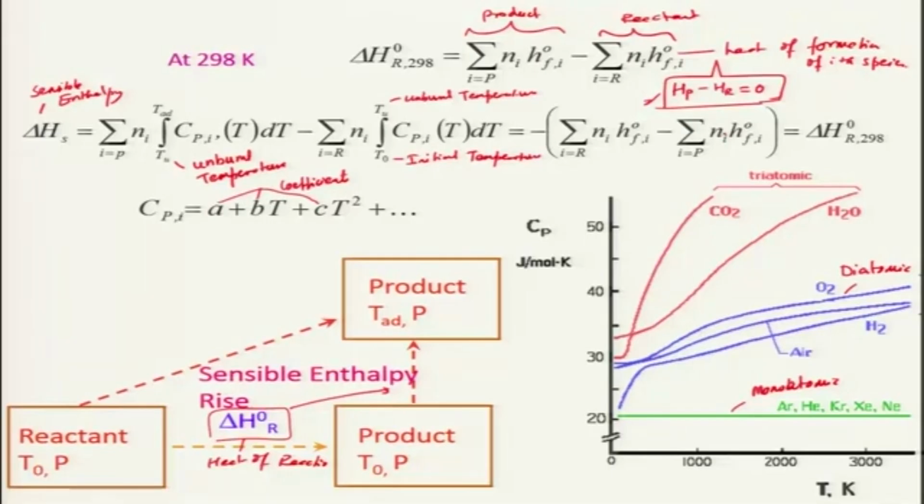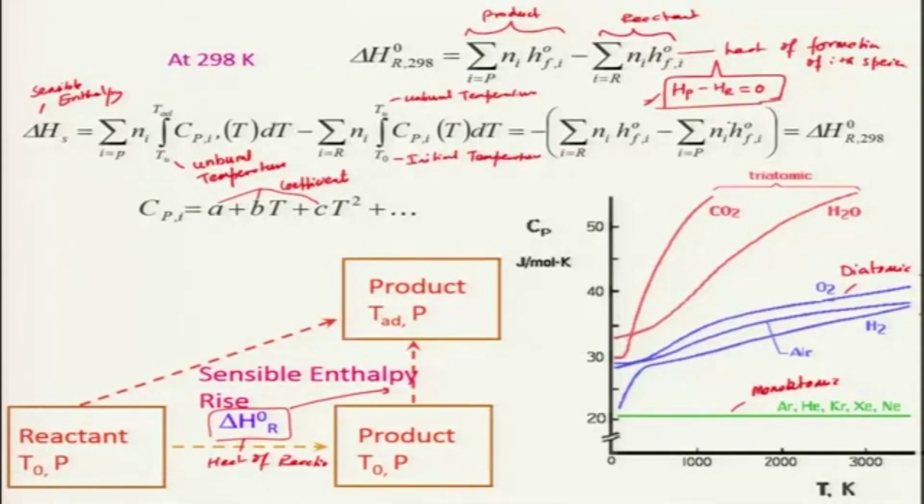It may be several other constituents like carbon monoxide, hydrogen, OH radicals, other things. For that we need to look at the equilibrium products, otherwise the adiabatic temperature estimation won't be right. But in our examples we will be using, most of the time, products which will be given.